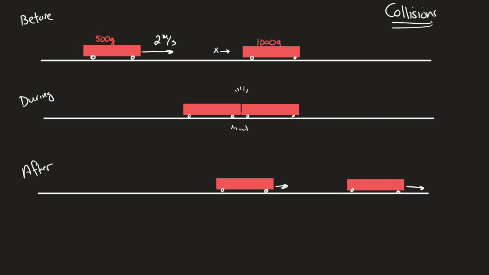Because our system, we could say, has a momentum already. We know the mass of the first car, and we know the mass of the second car. We could compute the momentum of the system by simply adding together the individual momentums.